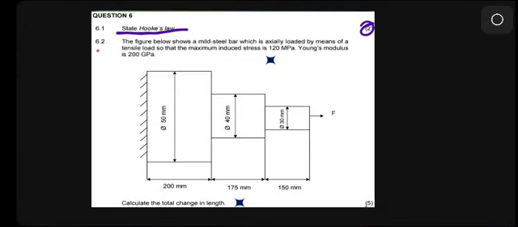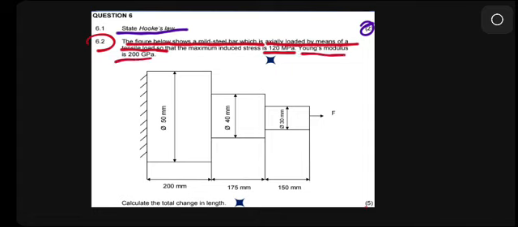So 6.2: in the figure below, the mild steel bar, which is axially loaded by means of tensile loads, so that the maximum induced stress we have given is 120 megapascal. Young's modulus of elasticity is 200 gigapascal.